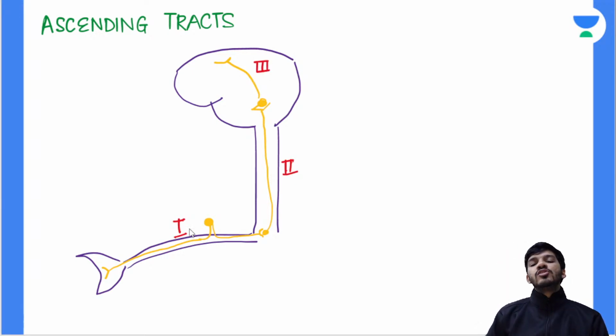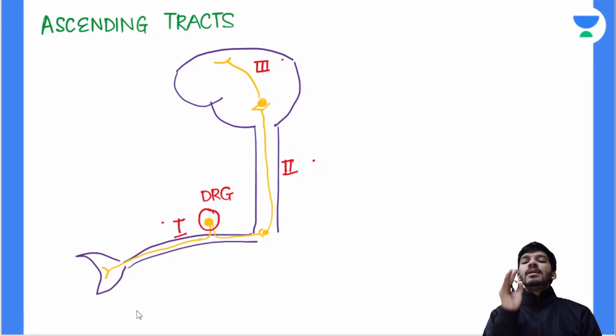So 1, 2, 3, first order neuron, second order neuron, third order neuron. And for ascending tracts, since they are sensory neurons, the first order neuron always has its cell body in the dorsal root ganglion or the spinal ganglion. Is that understood? That concept should be clear in your mind. Then we will proceed.